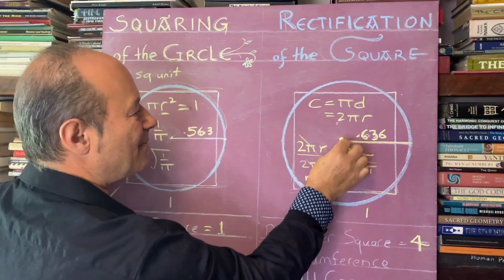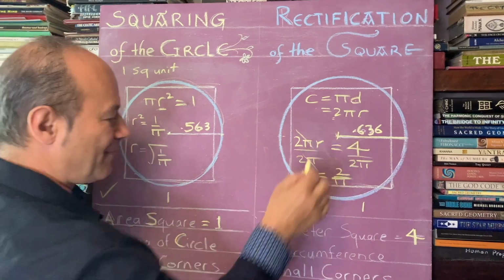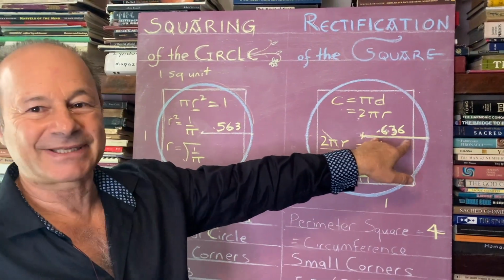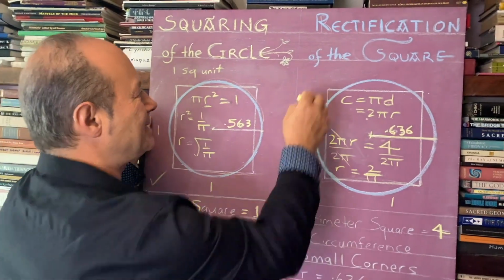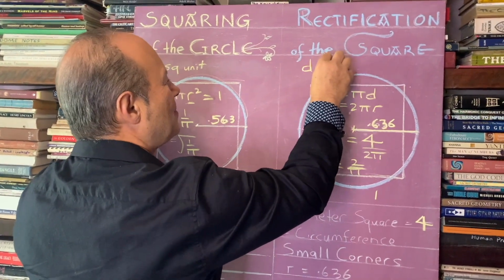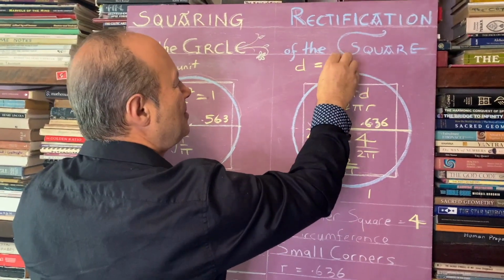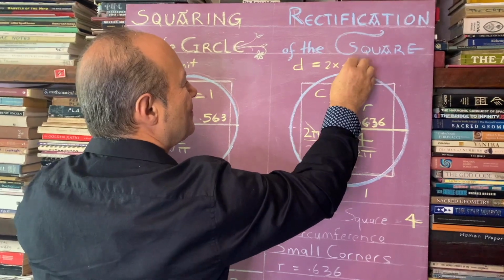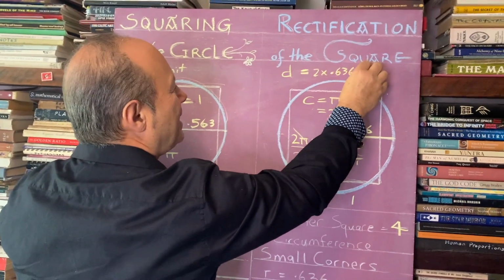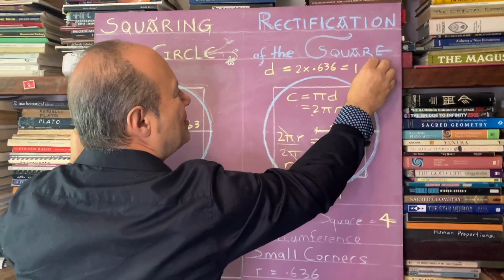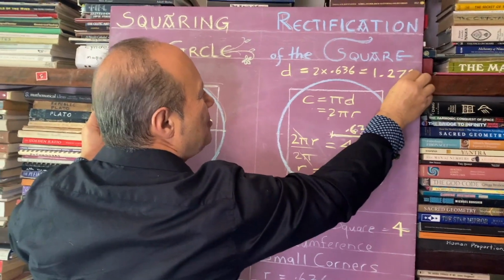And that's incredible, because now what's the diameter? So if you double 0.636, we're going to get the diameter equals 2 lots of the radius, and you're going to get this critical value called 1.272.